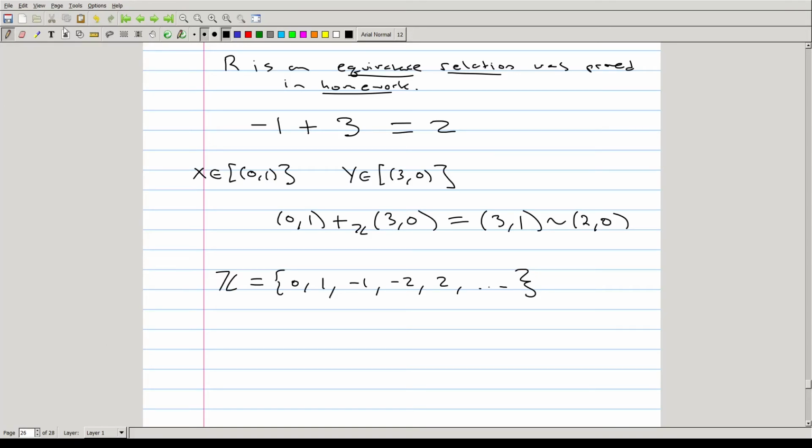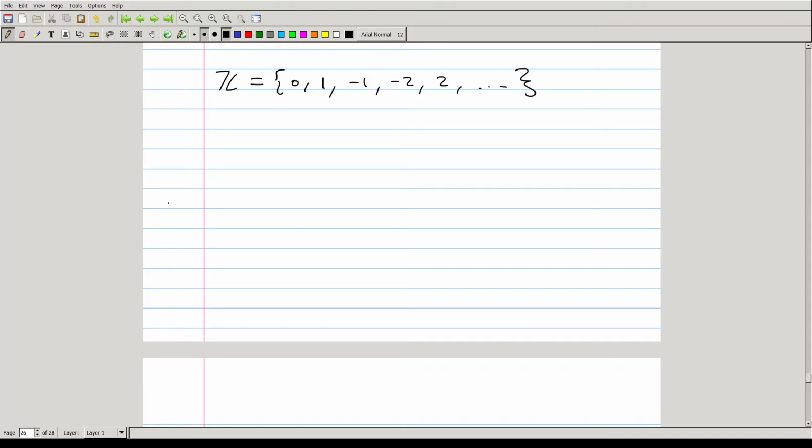What we've just shown is that Z is isomorphic, set theoretically, to the set A cross A mod the equivalence relation, or the quotient set of this equivalence relation, because 0 is equivalent to the equivalence class of the ordered pair 0, 0.